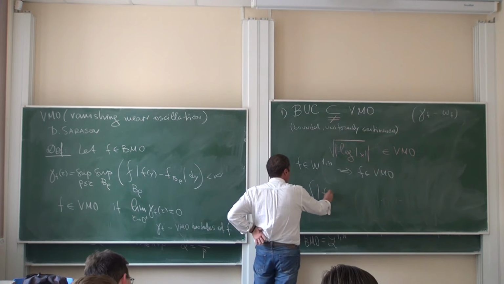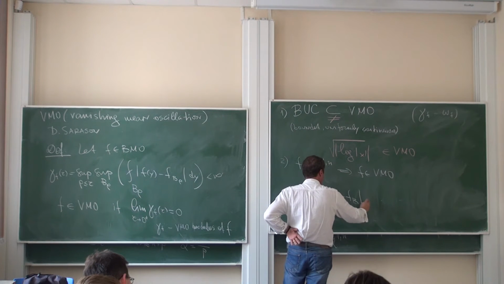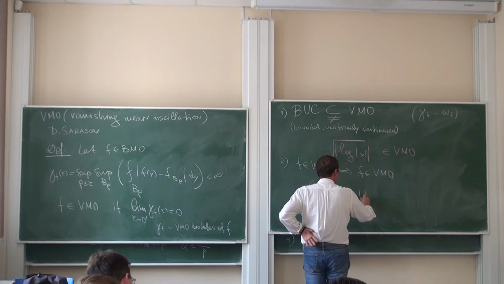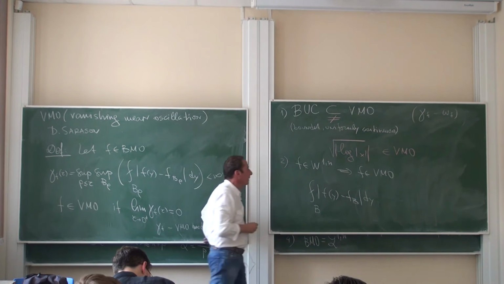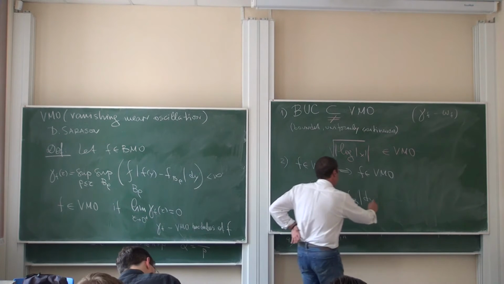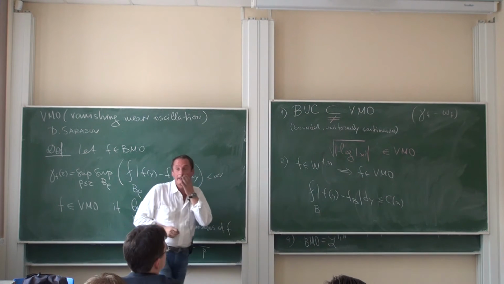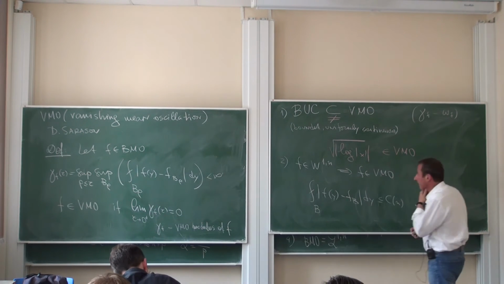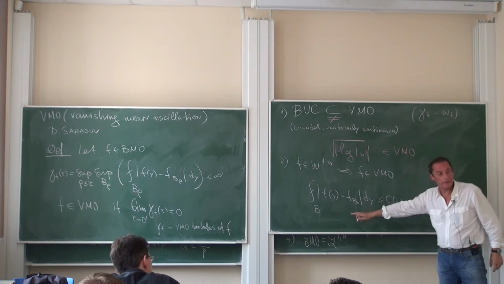I will consider the mean oscillation over a ball of some radius. Then I will take the mean value, and by the Poincare inequality, this quantity is bounded by the L^n norm of the gradient taken over the ball.